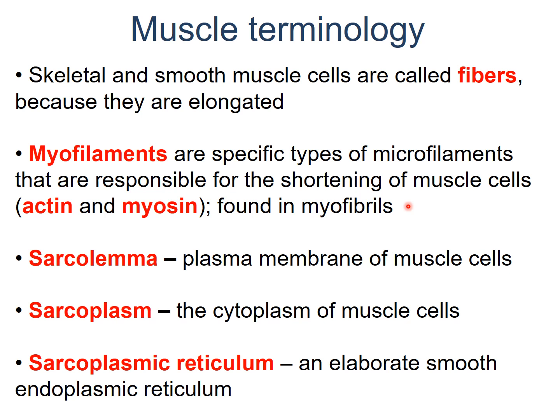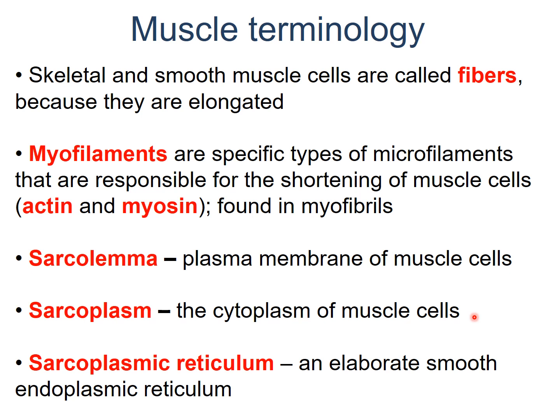okay? The plasma membrane is no longer called the plasma membrane. Now they're going to call it the sarcolemma. So when you see that term sarcolemma on any of the figures in this chapter, you need to think plasma membrane. The cytoplasm is now going to be referred to as the sarcoplasm. So again, when you see that term sarcoplasm, you just need to know that that's the cytoplasm.